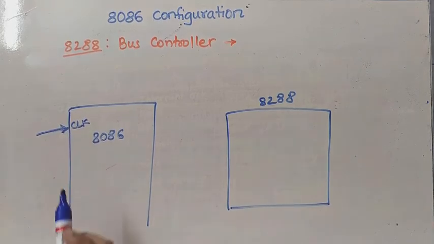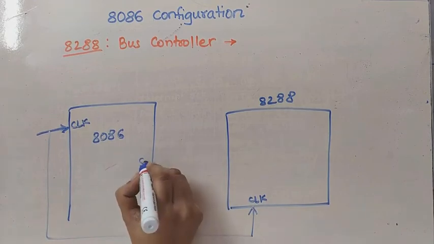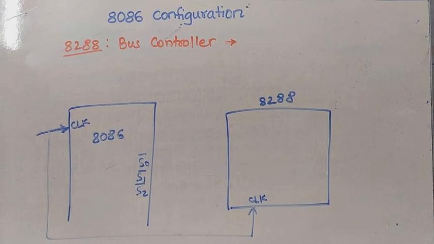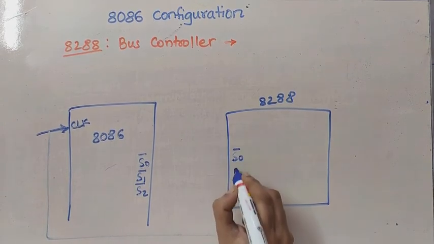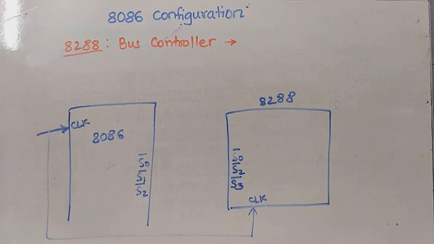The same clock signal is also provided to the 8288. Now in 8086, the three status signals S0 bar, S1 bar and S2 bar are connected to S0 bar, S1 bar and S2 bar of 8288.